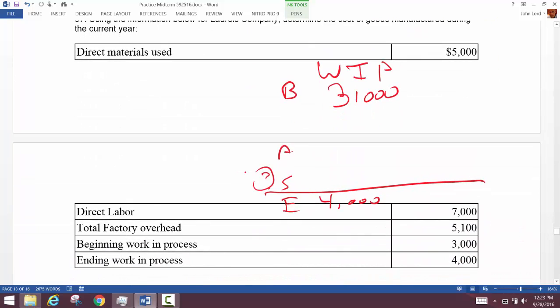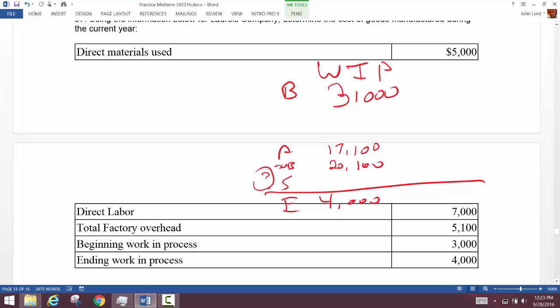Same numbers over here, right? So what's that? 17,100? Okay. So now my subtotal is how much? 20,100.